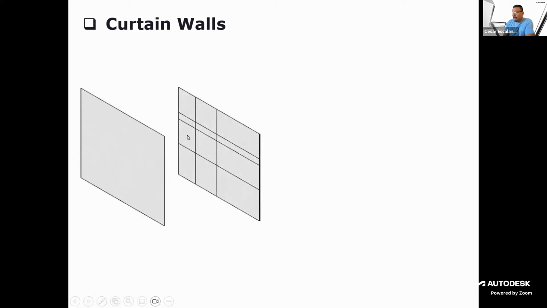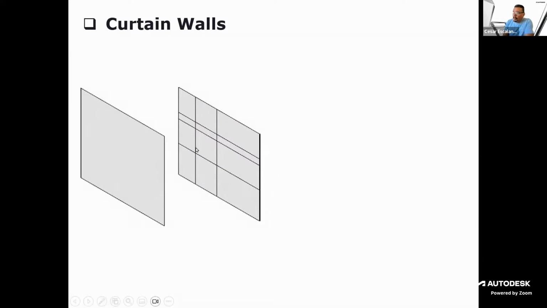You can define grids across the entire wall in the vertical or the horizontal. You can also define subgrids, which will subdivide a panel into subpanels, like what I'm doing here on the screen. These are segments of a grid. This is not across the entire surface.